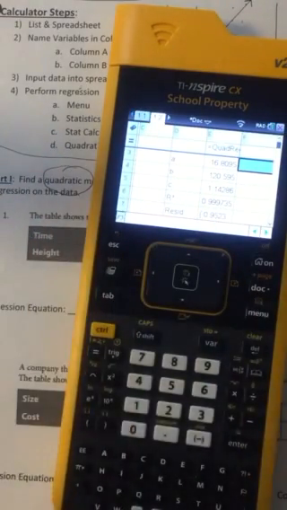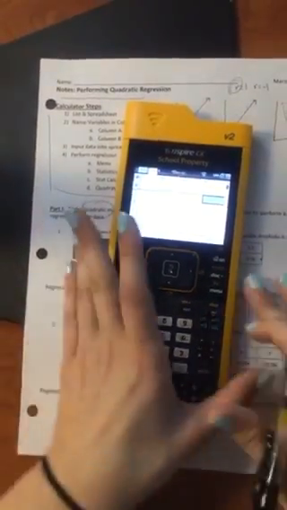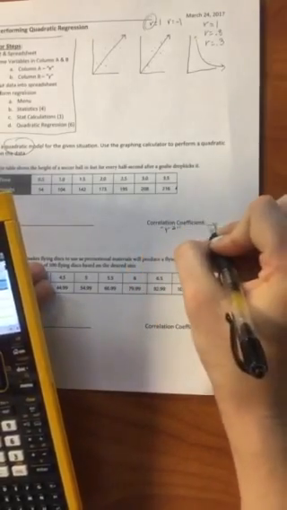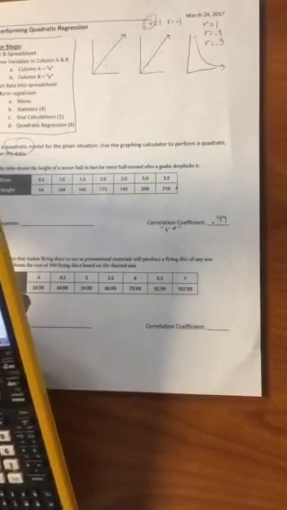So if you see, I'm going to zoom back out now so we can look at our notes page. So looking at your calculator, we see that our correlation coefficient, which is our r squared, is going to be 0.99, okay?